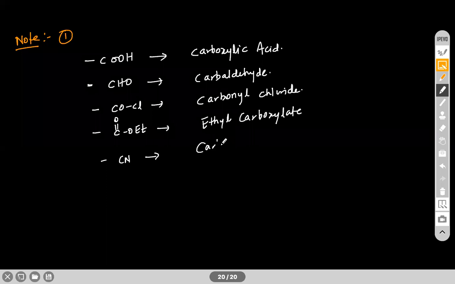So this suffix we use when these carbon containing functional groups are directly attached with the ring. Clear?